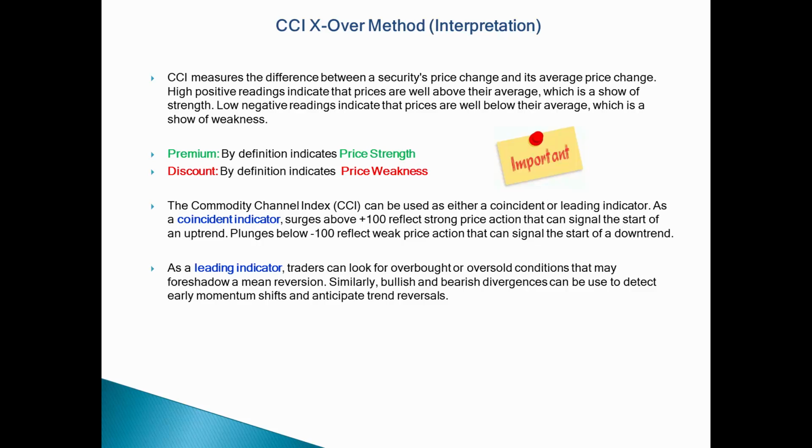Now, keep one thing in mind regarding reversals and divergences. Not every reversal in price has a divergent component to it, but most and the best reversals have a divergence component. So not all divergences lead to a reversal.